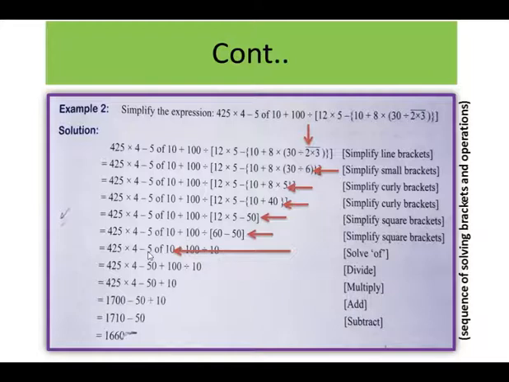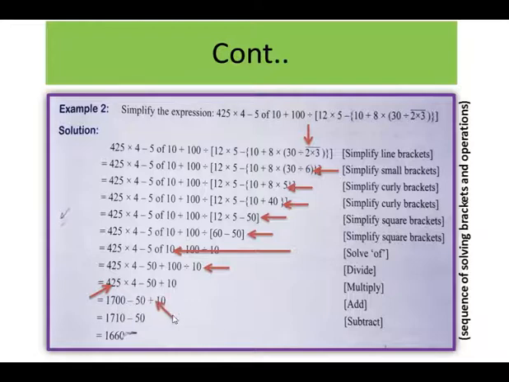Then we have solved of, 5 of 10, so we have got 50. Then we divided, 100 divided by 10 we have got 10. Then after division we need to do multiplication. So we have multiplied 425 into 4, so we have got 1700.